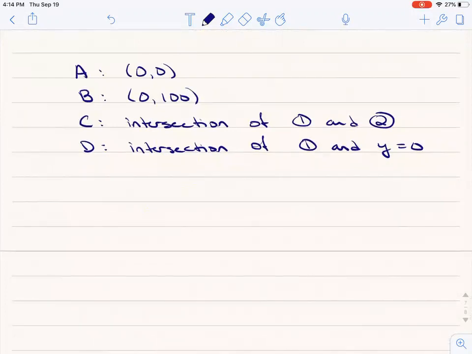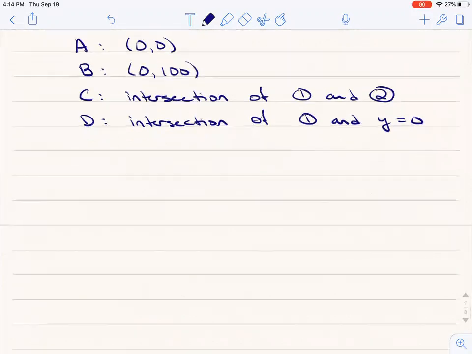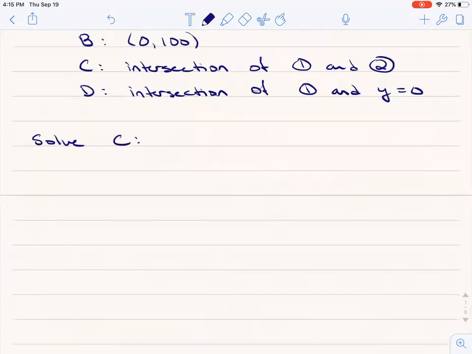So now we're going to find C and D, right? Solve the systems of equations to find the intersections. So solve C. I've got line 1 is y equals 180 minus 2x, and line 2 is y equals 100 minus x over 3.